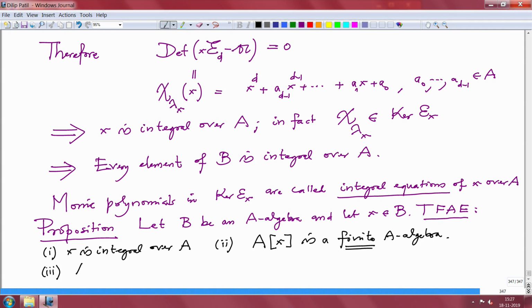the subalgebra of B generated by X is contained in a finite A-subalgebra of B. You may note the difference between the second and third conditions. Here the second says that it is a finite A-algebra.